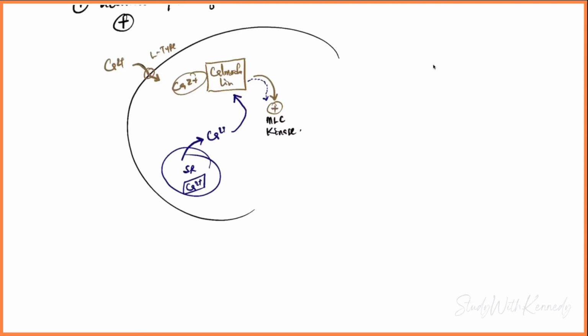Now, if we are going to try to increase contractility, we need to increase calcium calmodulin complex, because that seems to be the central way to activate myosin light chain kinase. Remember, if we activate myosin light chain kinase, we cause vasoconstriction, we cause contractions.